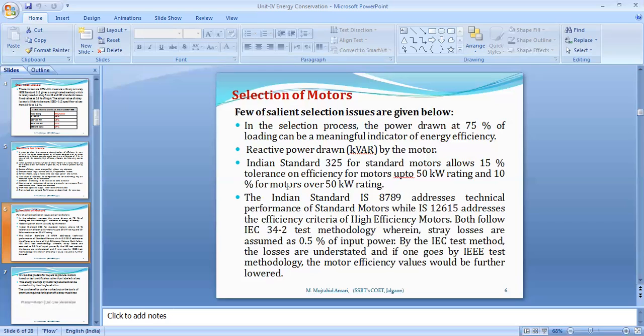Indian Standard IS 325 for the standard motors allows a tolerance on the efficiency up to 50 HP. If the motor is up to 50 kilowatt, the tolerance is 15%, whereas if the capacity is more than 50 kilowatt, the tolerance will be 10%.